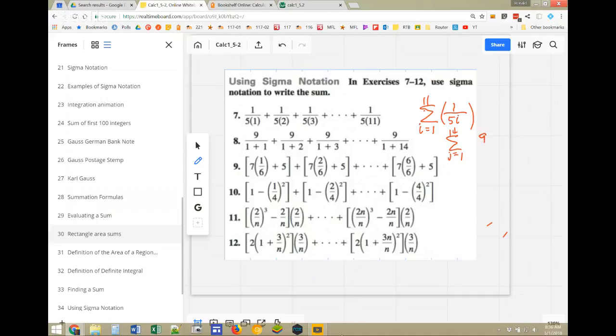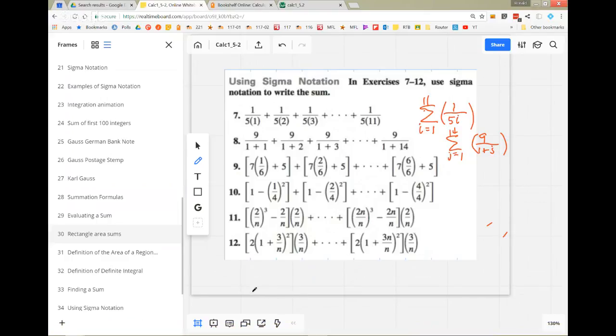And what do we have? 9 over 1 plus J. So you just got to look for what's repeating, what's always there, and then what's the part that gradually changes, and from what to what. So that's practice in just trying to get used to the sigma notation.